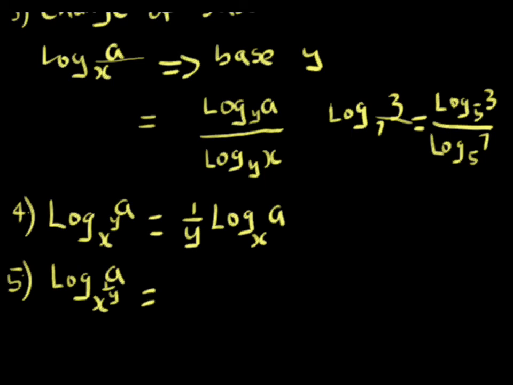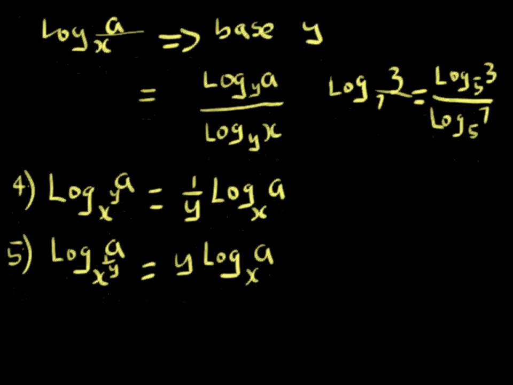We're going to take the reciprocal of this power of x, so the reciprocal of 1 over y would be y. So this will give us y log a base x. What happened there was that we took the reciprocal of this power and moved it behind the logarithm sign. So that's what we are going to have in the aftermath.